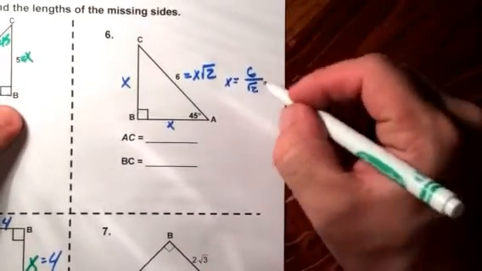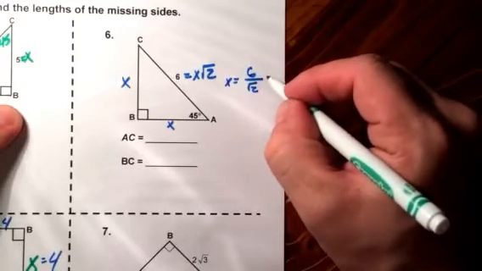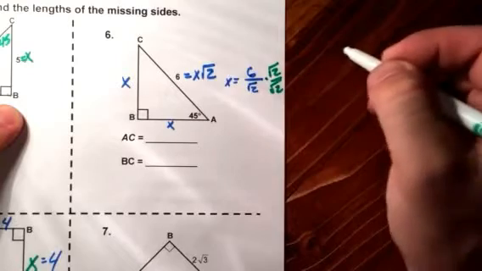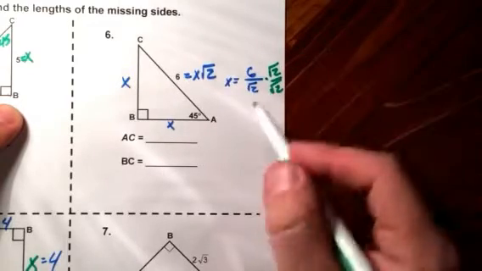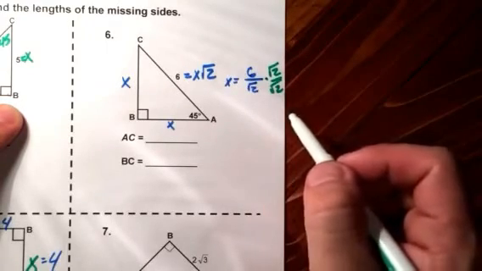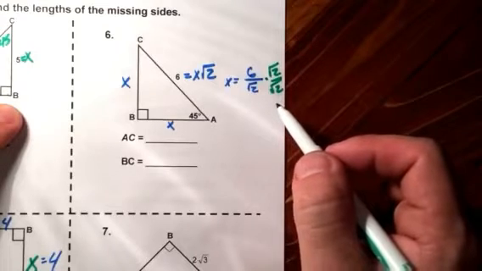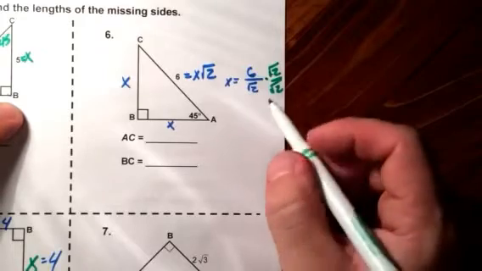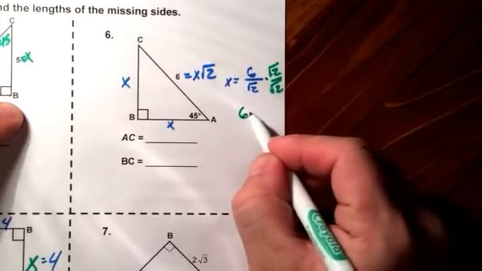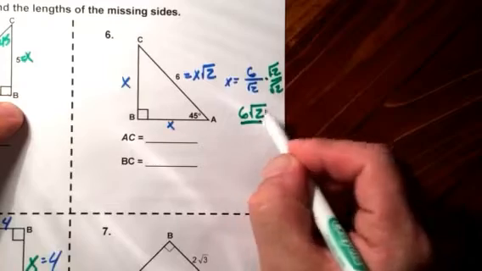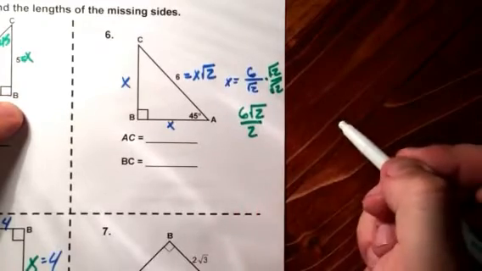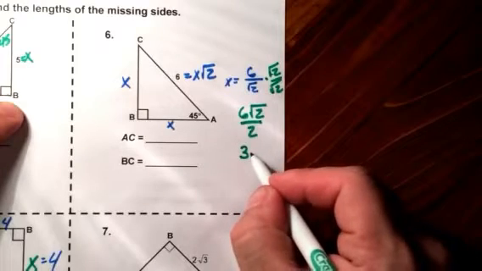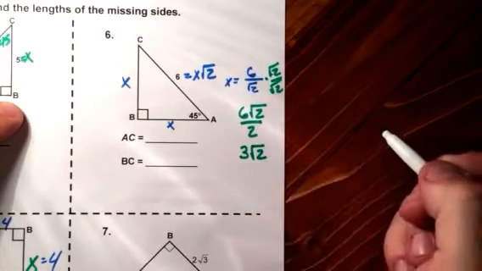So in order to change this into a form that we're okay with, we're going to multiply by the square root of 2 over the square root of 2. Well, the square root of 2 times the square root of 2 would be the square root of 4, which is just 2. 6 times the square root of 2 can't be simplified. So we'll say 6 radical 2 divided by 2. 6 divided by 2 is just 3, and we're going to keep that radical 2 right where it's at.